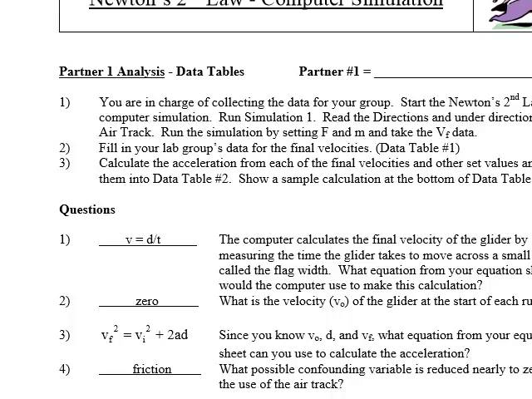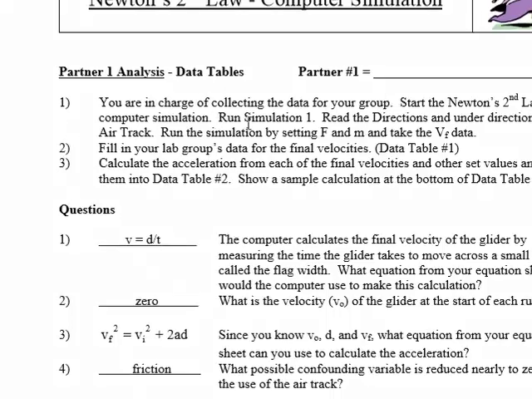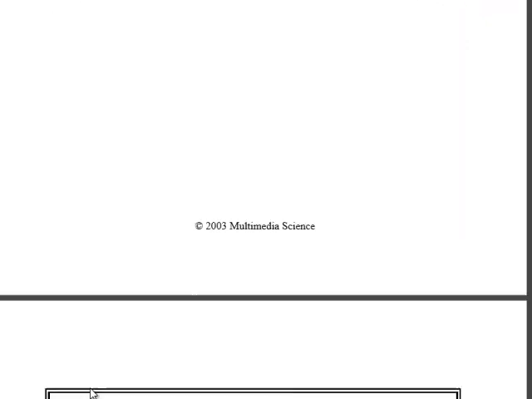You can either allow each student to fill the whole thing in. It does take some time, both to take the data and to do all the calculations. So I would often, especially for the lower level classes, break it up into 4 parts. Partner 1 is responsible for taking the data and the data tables.